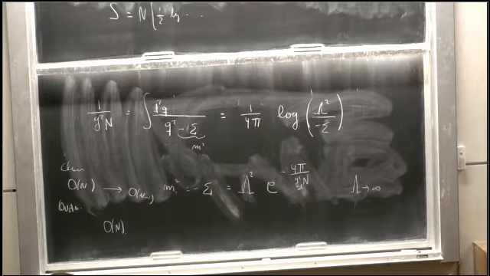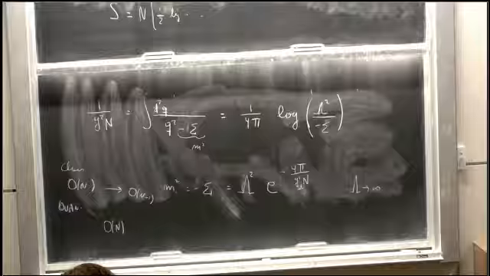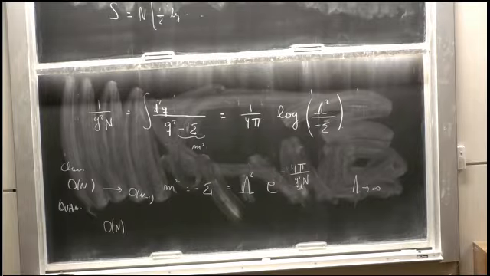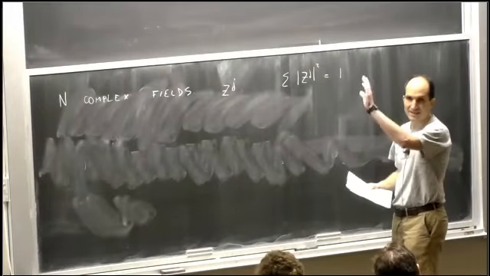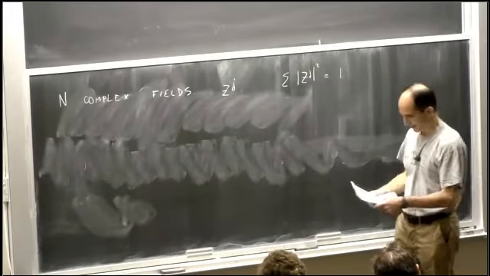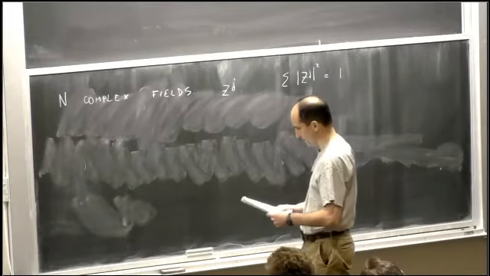Let me call these complex fields C_j. So we'll continue to impose the condition that the sum over all these fields squared is equal to 1. So at this point we just have a sphere, the same as what we had before.